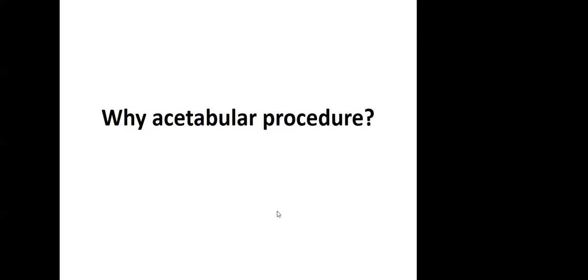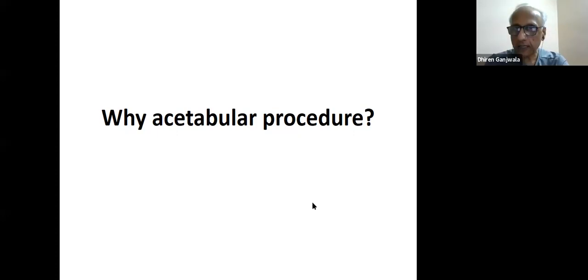See, the reason is that the acetabulum develops in response to the presence of the femoral head. When there is no femoral head in front of the acetabulum for 5 years, the acetabulum has missed the opportunity for development, so it is going to remain shallow.